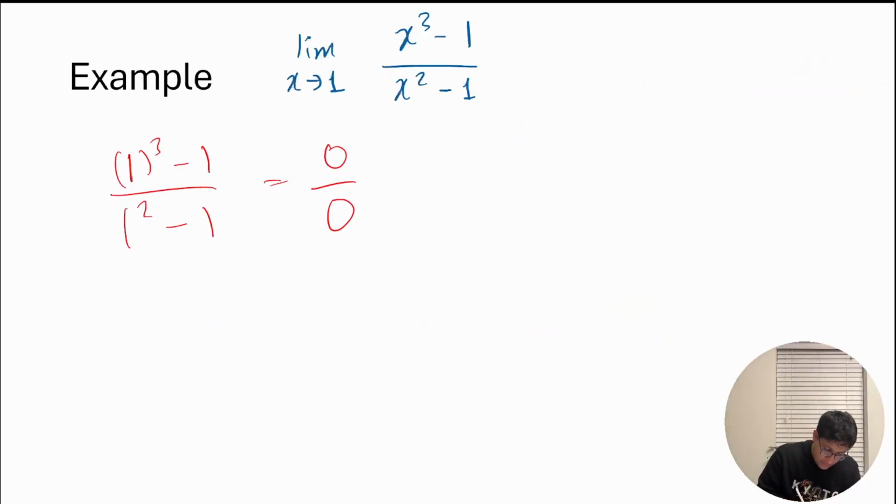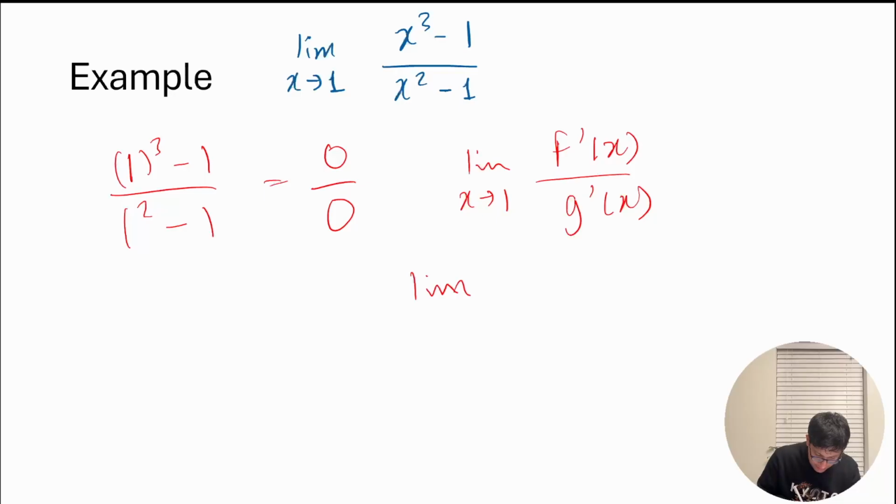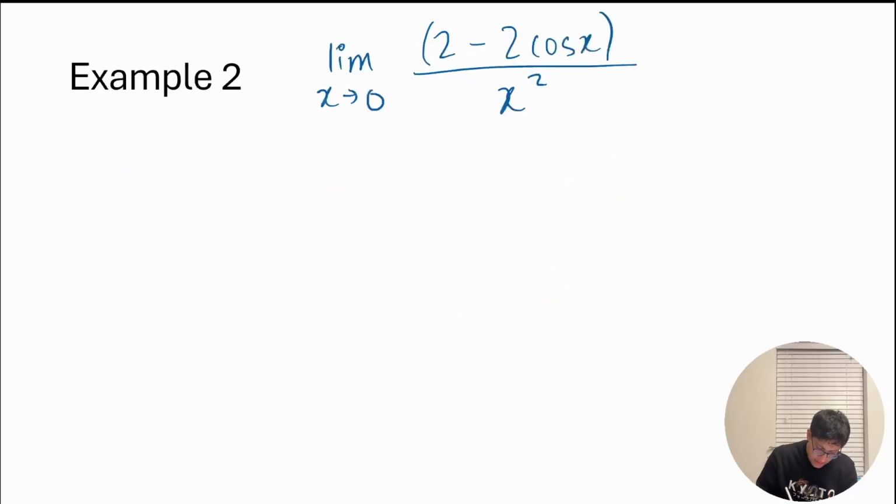So we can do the limit as x tends to 1 of the differential of that. So f dash of x over g dash of x, which would be the limit as x tends to 1 of 3x squared over 2x.